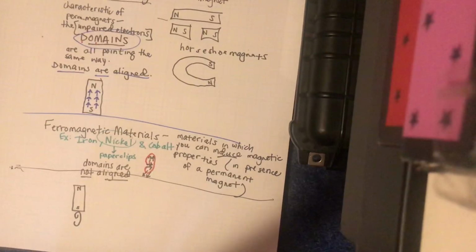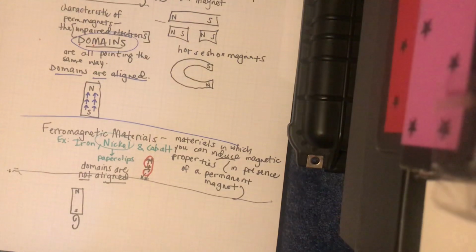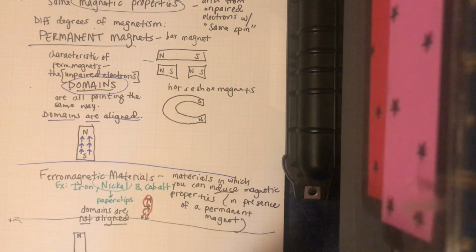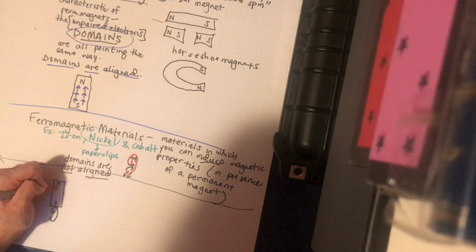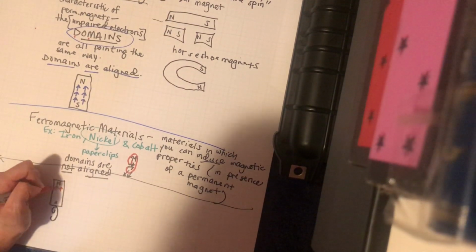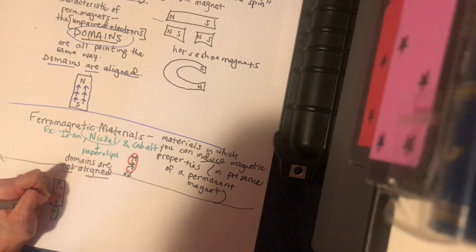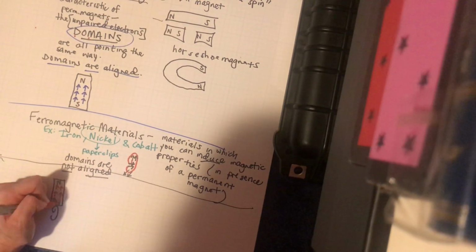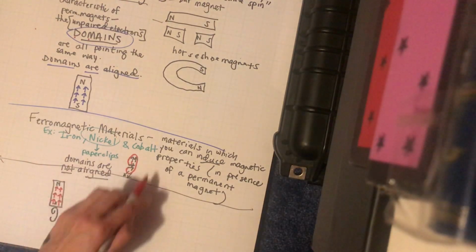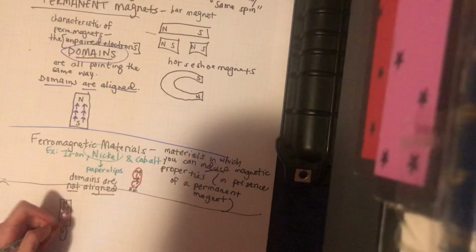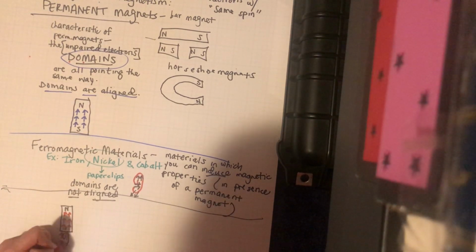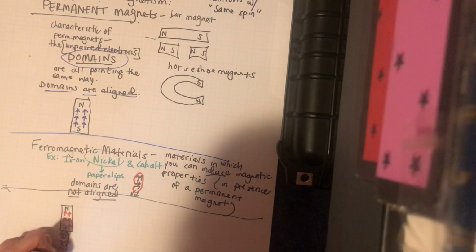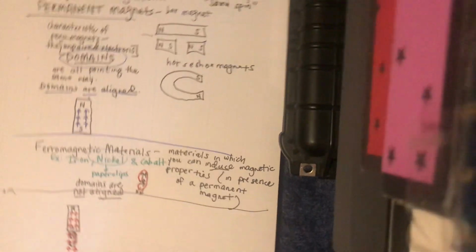And what's going to happen is that the domains, if these are our domains of unpaired electrons, all pointed upward, then the domains in the paper clip are all going to reorder themselves to align with the magnet, facing up, facing up, facing up. And now a polarity has been induced in this paper clip.